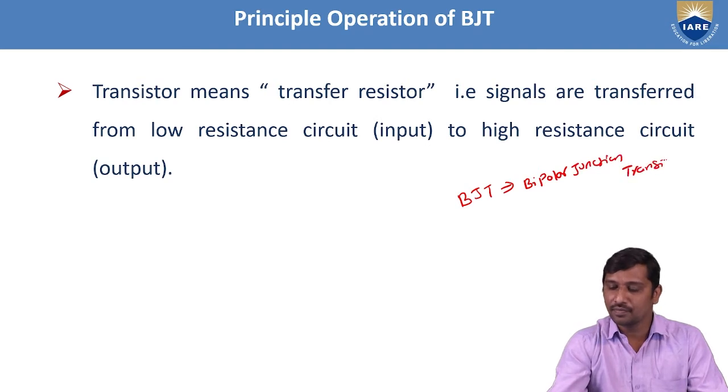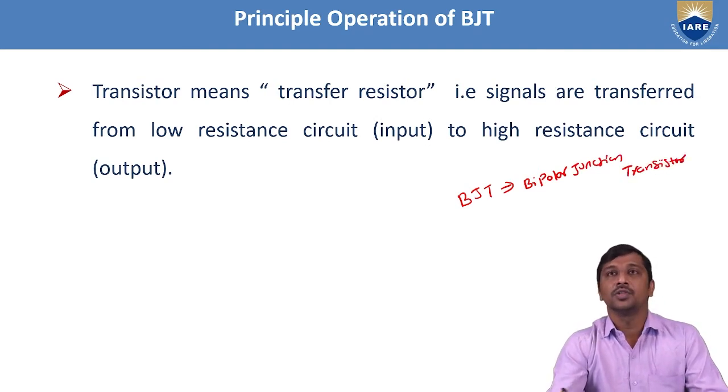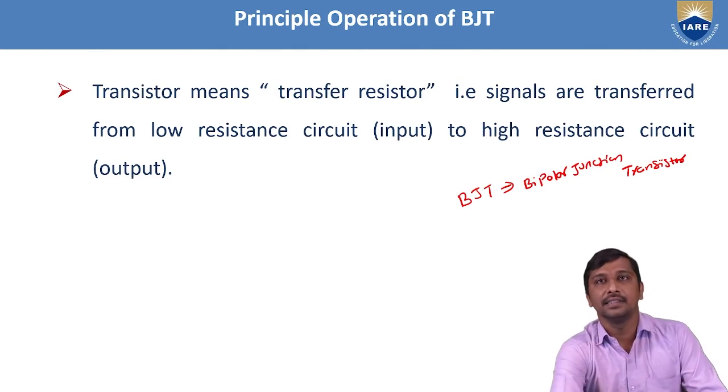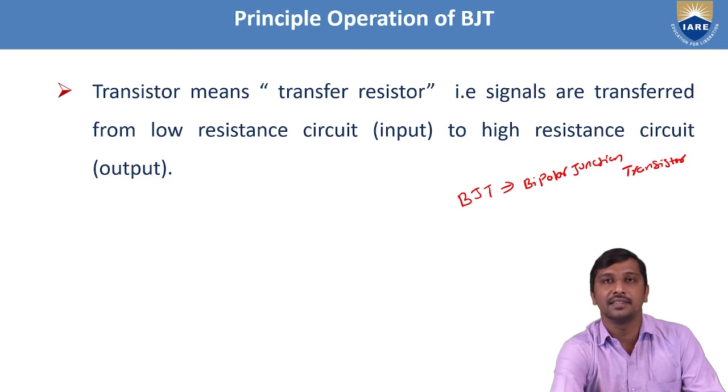The word transistor can be separated into transfer plus resistor, that is, transfer resistor, which is defined as the transistor, meaning how we are transferring the information. By using this transistor, we are transferring from a low resistance to a high resistance device.